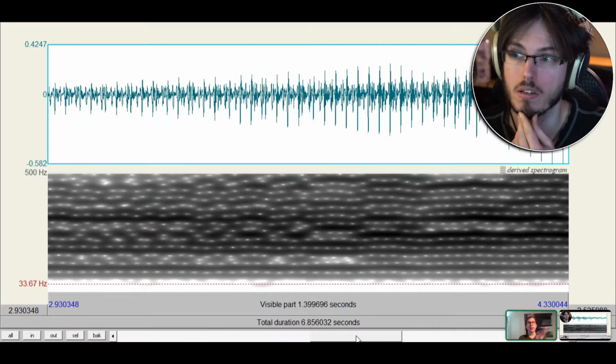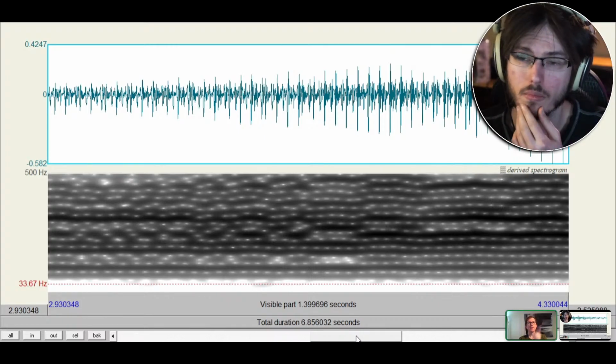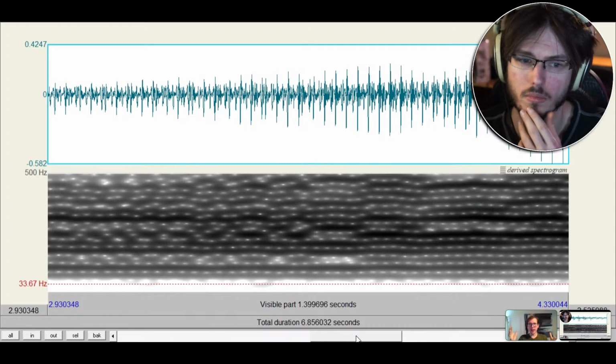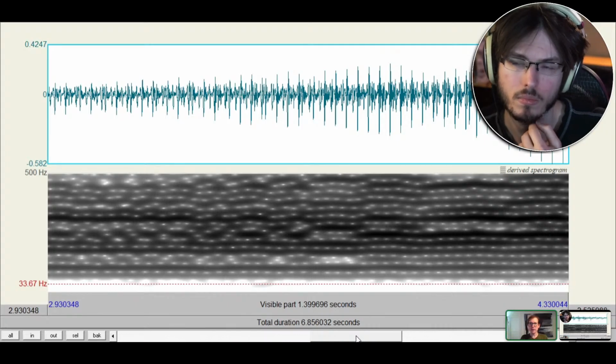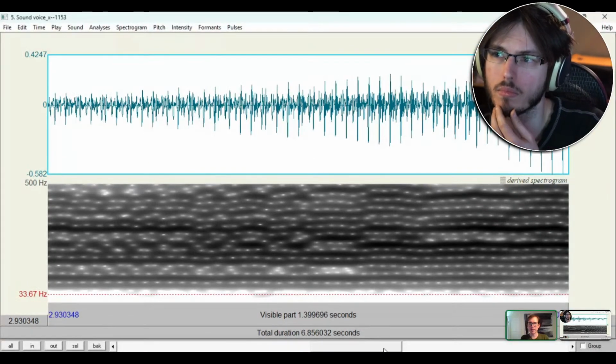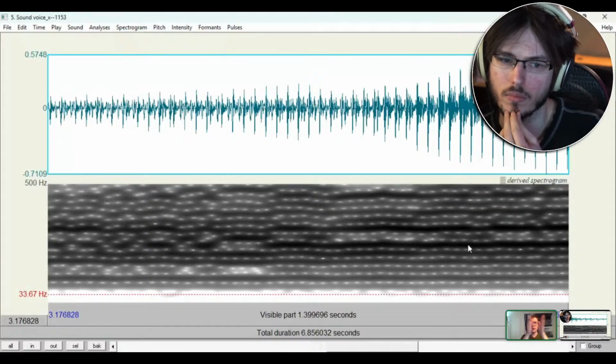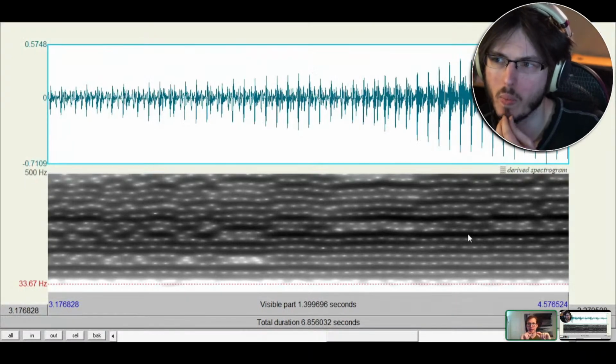Yeah. But even so, the human ear still hears a pitch of about 35 hertz. And the reason is because when we are perceiving pitch, we are perceiving something more akin to the difference between all of the harmonics, rather than perceiving the fundamental.